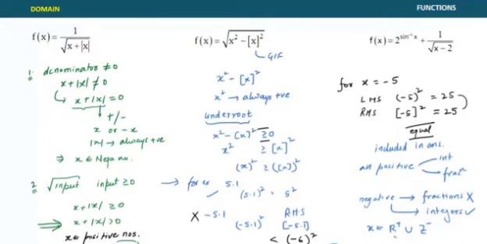So R positive means all the positive numbers, union of all negative integers, union 0. If I write R positive, that means I have not included 0. So this is the particular answer I am looking for. This is the answer to this particular question, right?